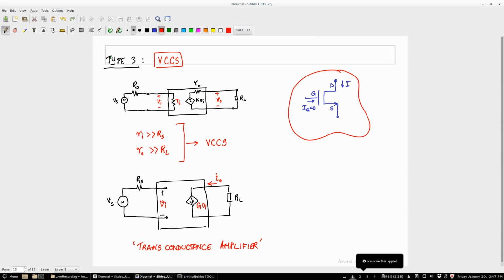So that's why I have drawn it on this page. So many MOS based circuits look like voltage controlled current sources. Yeah.